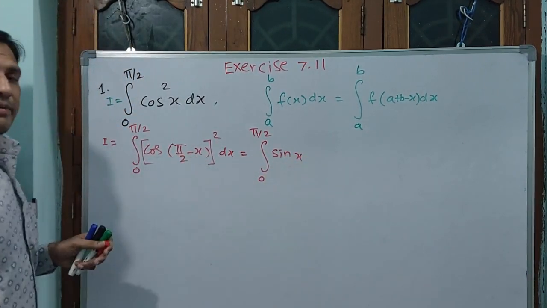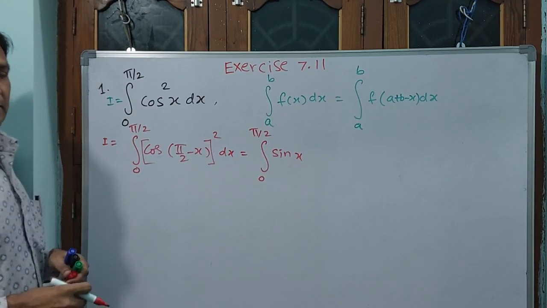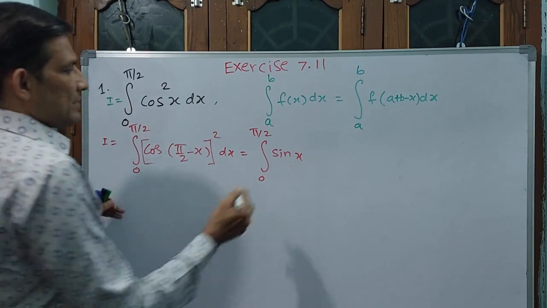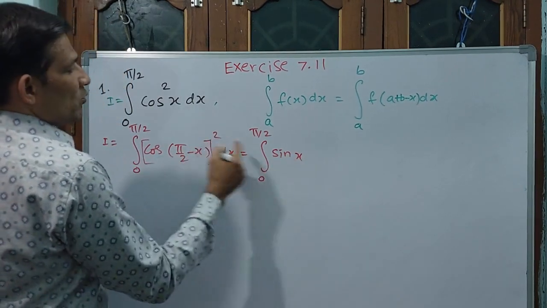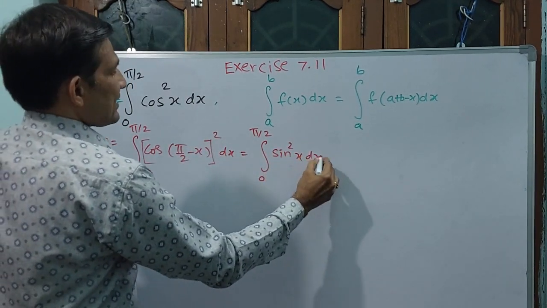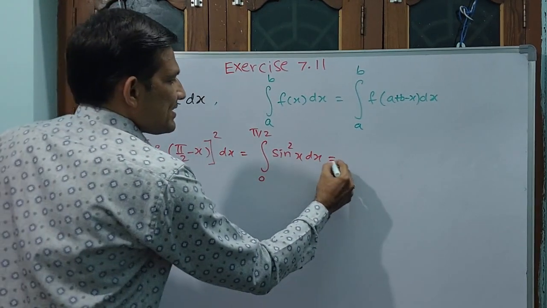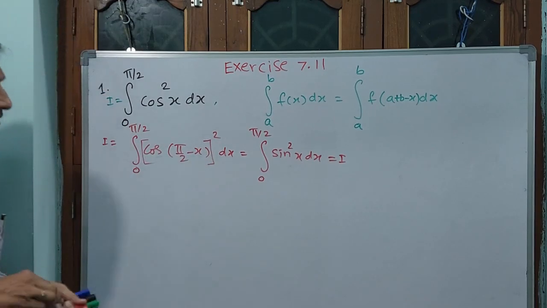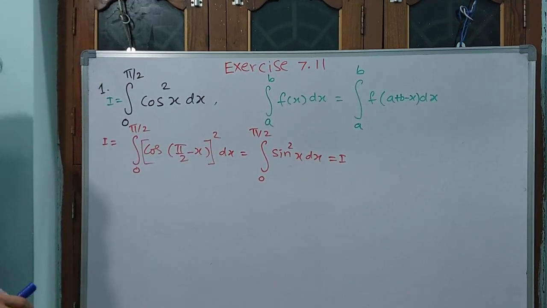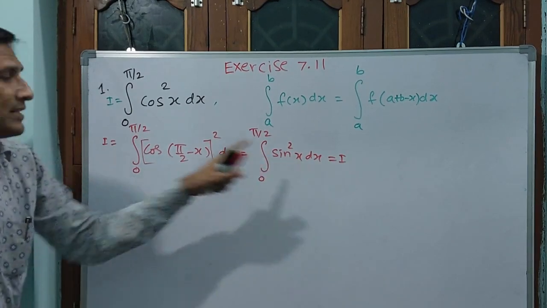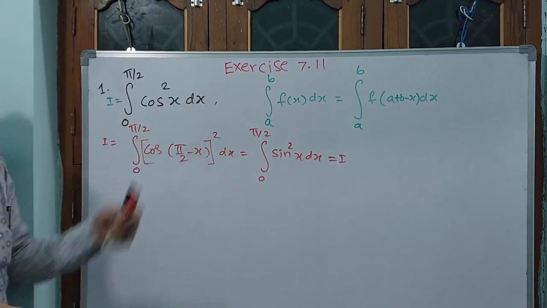Because cos of 90 minus theta is sine theta, and sine of 90 minus theta is cos theta. Both are plus. Sine x, but now this square I can write here: sine square x dx. This is also I only. Is this okay? That means I is equal to integral 0 to pi by 2 of sine square x dx, and I is equal to integral 0 to pi by 2 of cos square x dx.